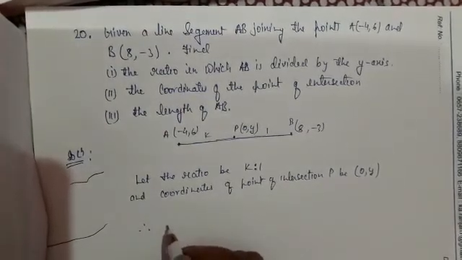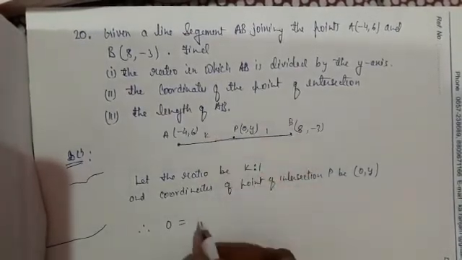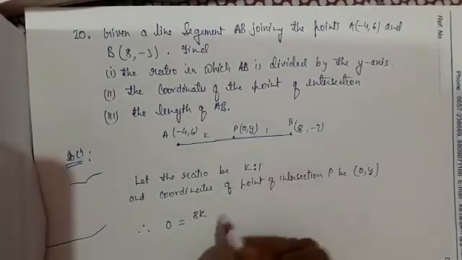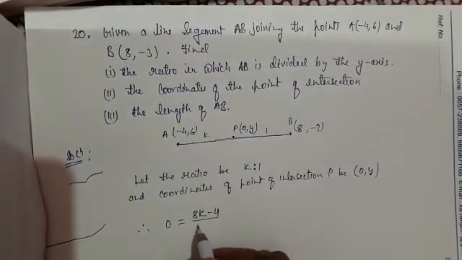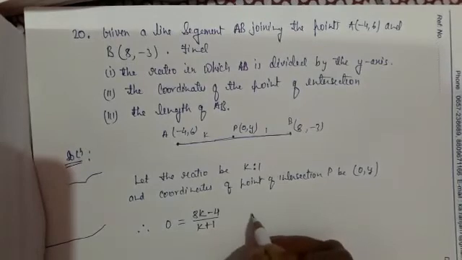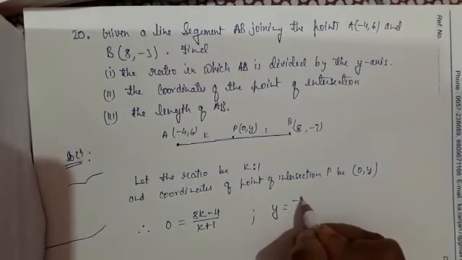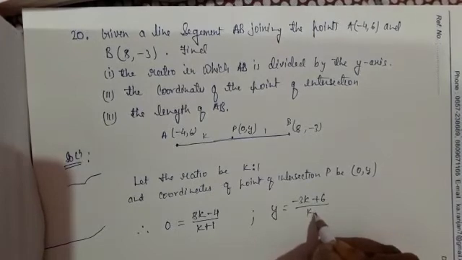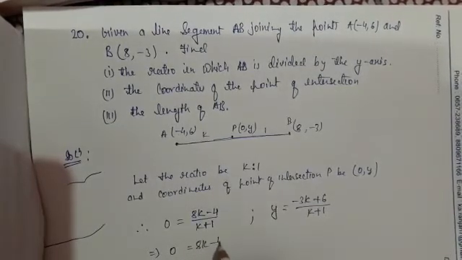Therefore applying section formula, 0 is equal to (k into 8, means 8k, minus 4 into 1) by (k plus 1), that is (8k minus 4) by (k plus 1). Also we have y is equal to (minus 3k plus 6) by (k plus 1). Therefore, (k plus 1) into 0, 0 is equal to 8k minus 4.